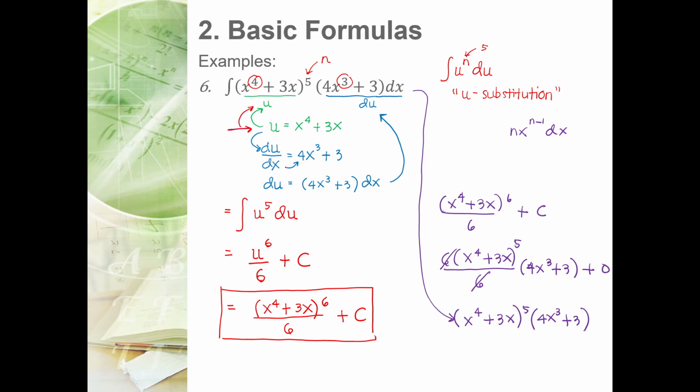Then we multiply dx, because that is the proper way of getting the derivative. To isolate du, we multiply the dx to the other side. So 4x cubed plus 3 dx happens to be the second term in your equation, and that becomes du. The other part is u, right?